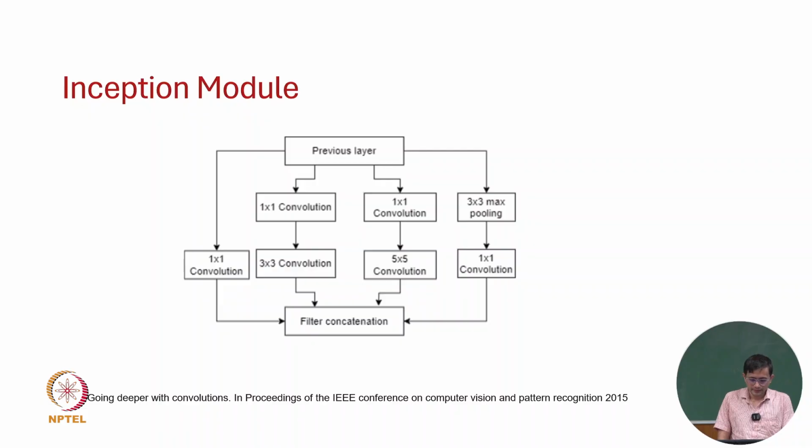Given the input from the previous layer, as we progress to the next layer, we initially process through 1 cross 1 convolutions. We can skip discussing at this point why you use 1 cross 1 convolution; this will be clear later in some other discussions.